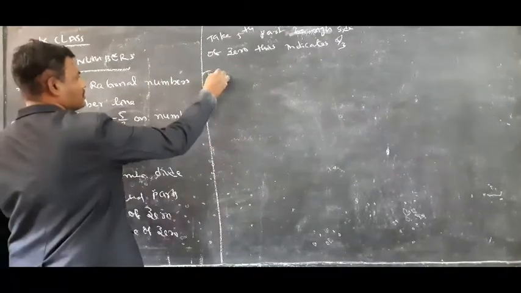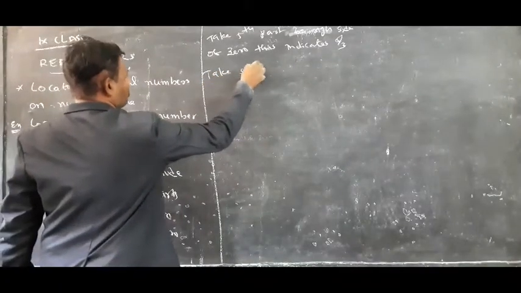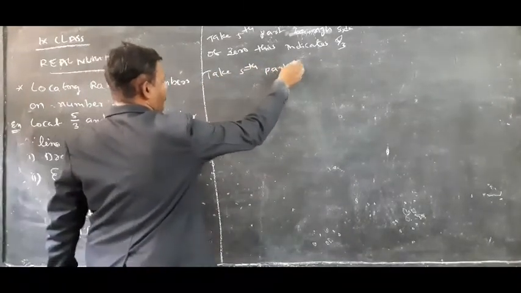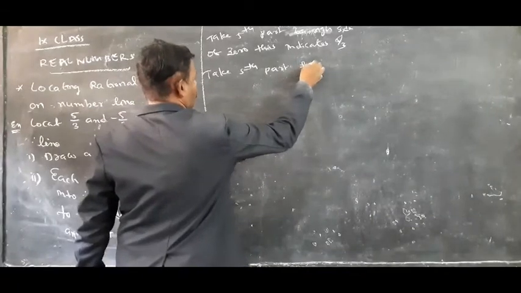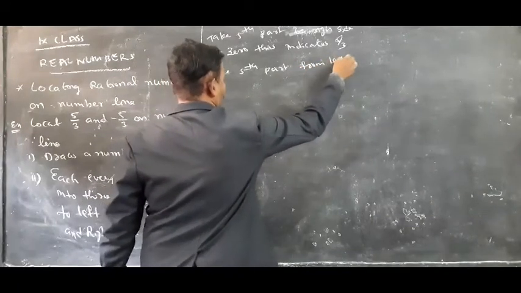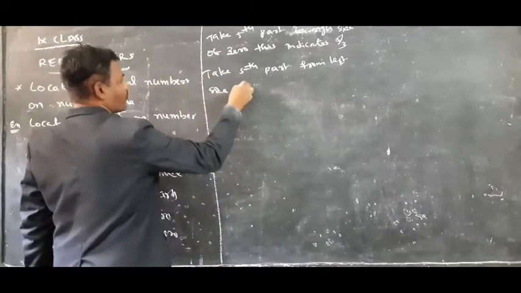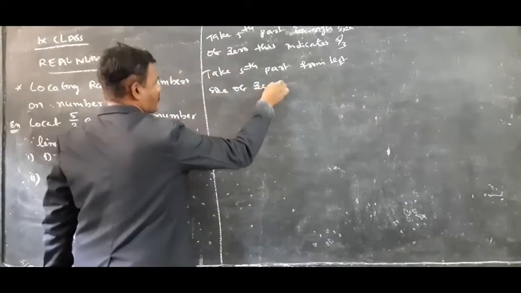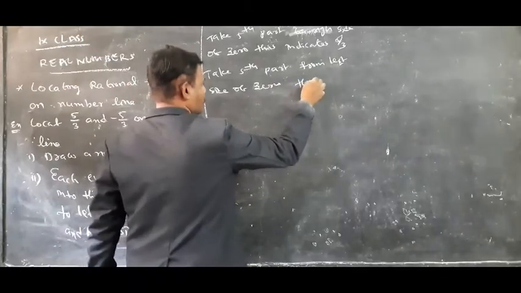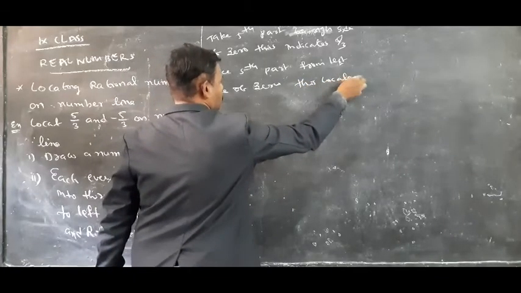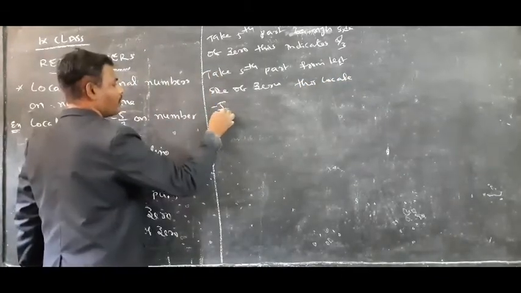Similarly, take the fifth part from the left side of 0. This locates minus 5 by 3.